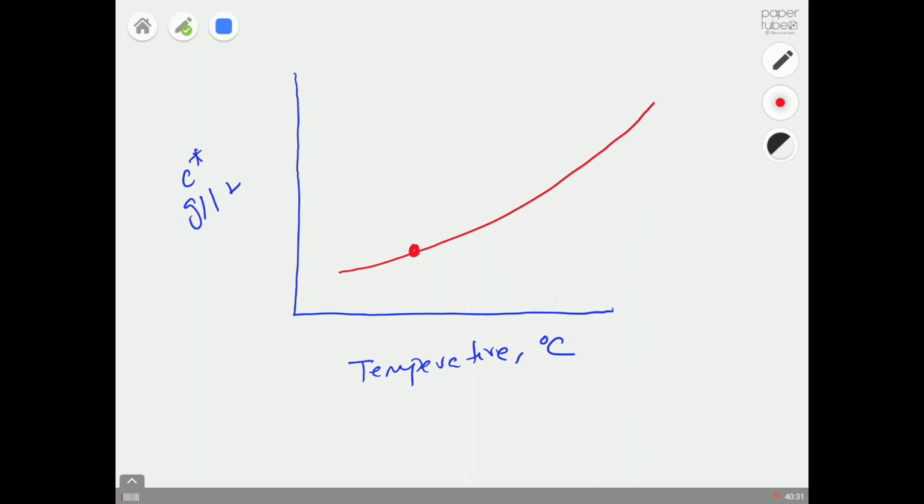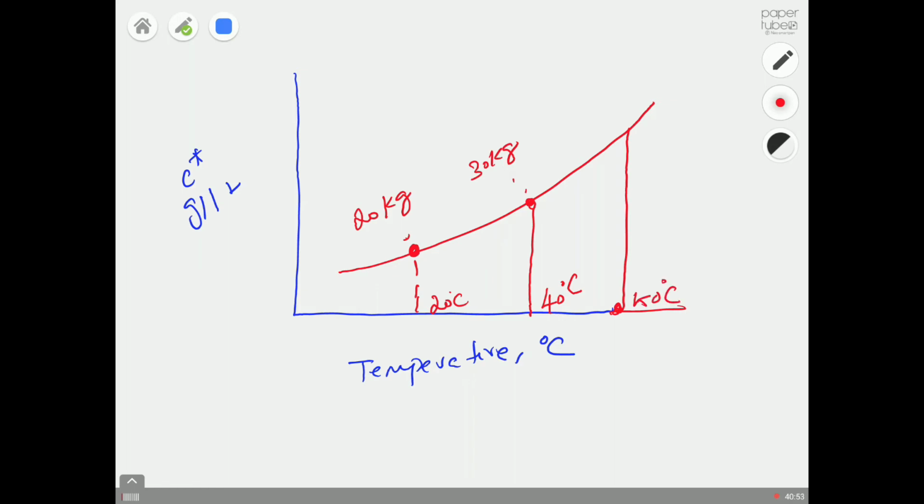Let's say at 20 degrees centigrade your solubility is 20 kg, at 40 degrees centigrade your solubility is 30 kg, and then at 50 degrees centigrade your solubility is 45 kg. So if you connect these dots, what you get is called a solubility line.